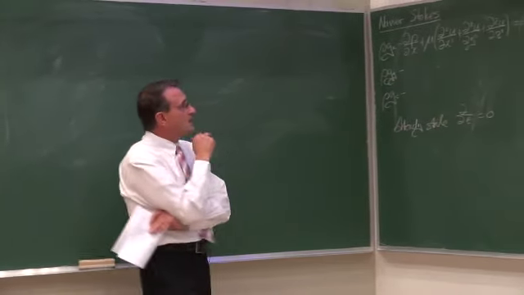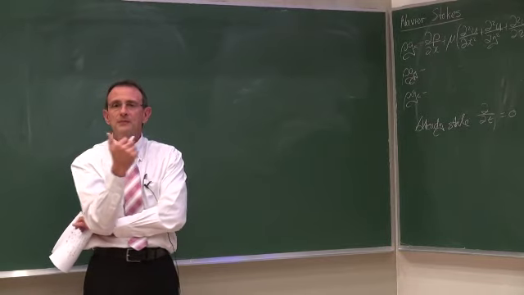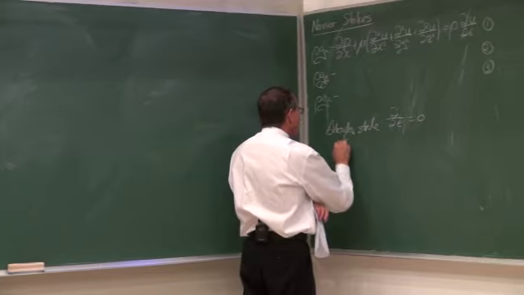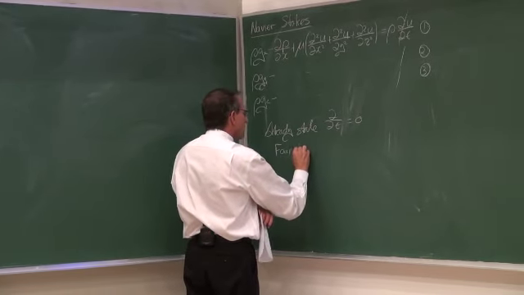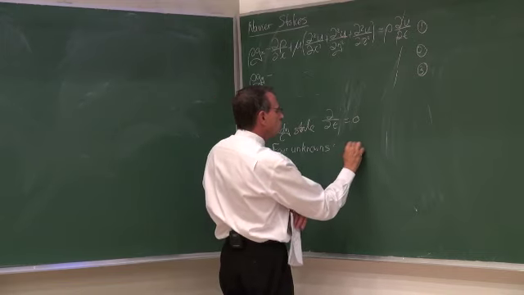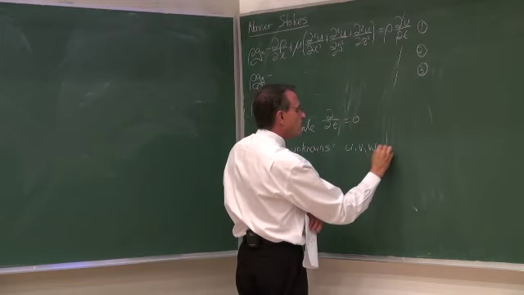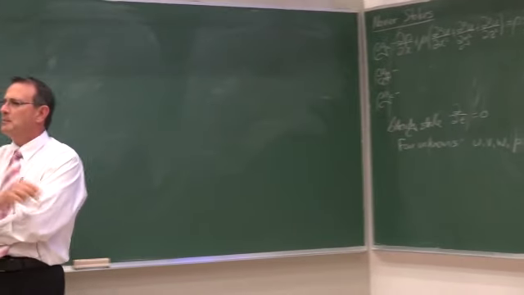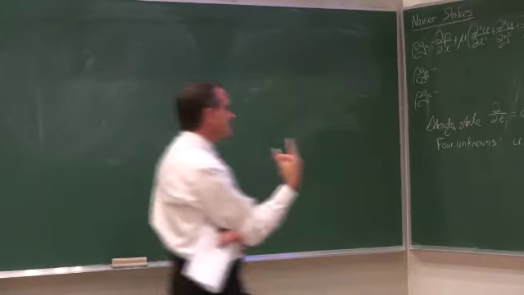Now, if we look at the Navier-Stokes equations, the problem we have is that there are four unknowns. The four unknowns are the three velocity components and the pressure P. Okay. But we only have three equations.